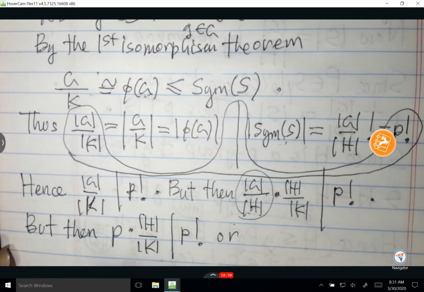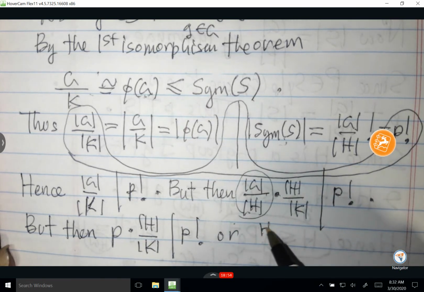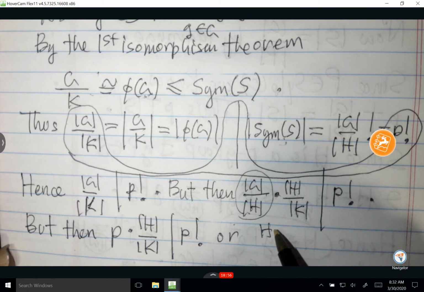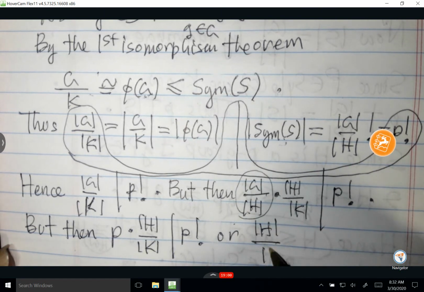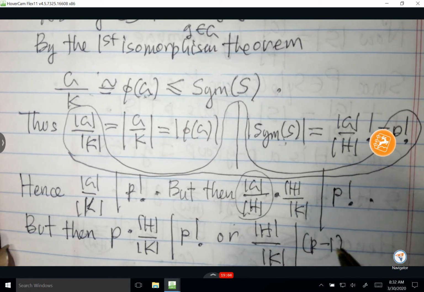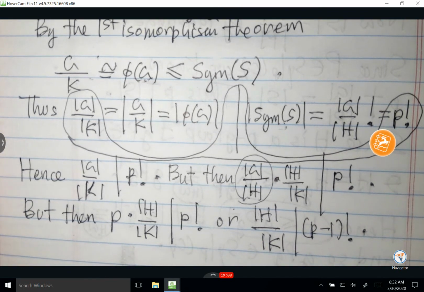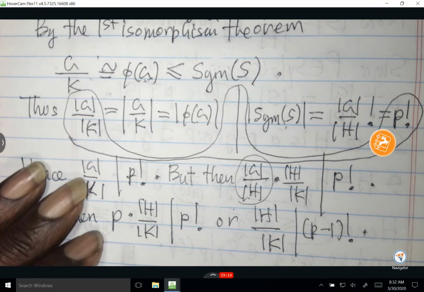Or, now divide both sides by P. The order of H over the order of K would divide P minus 1 factorial, as one of the P's cancel. Okay?